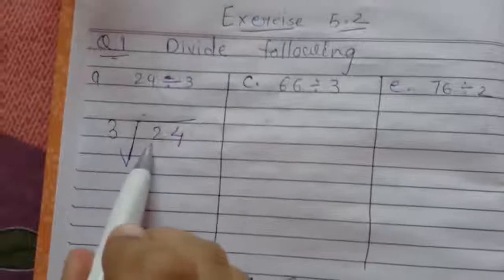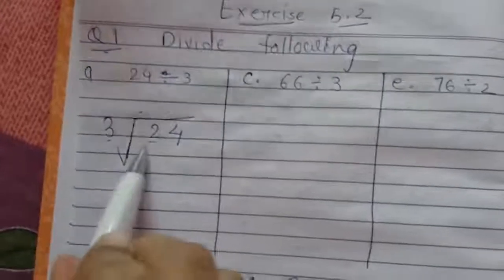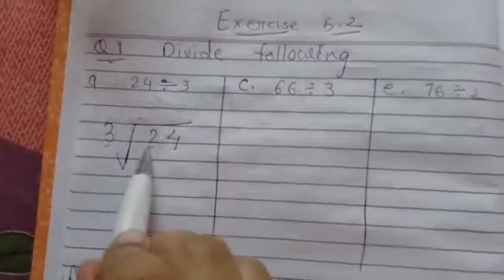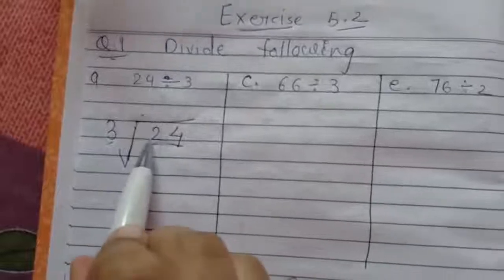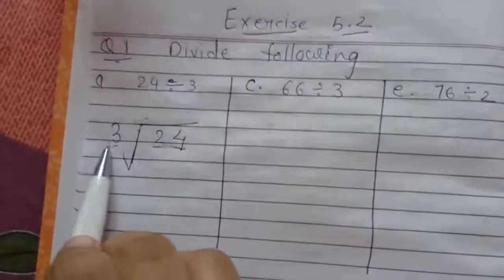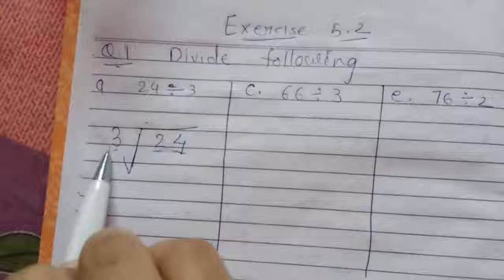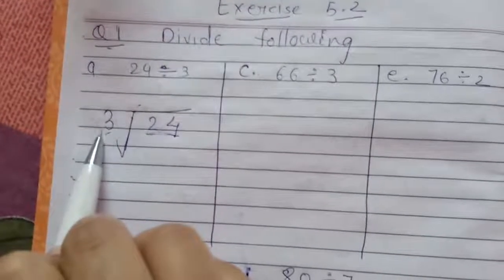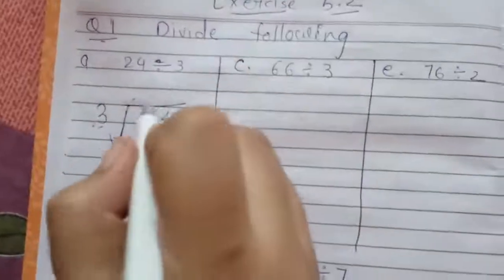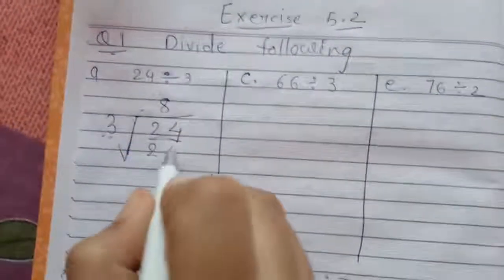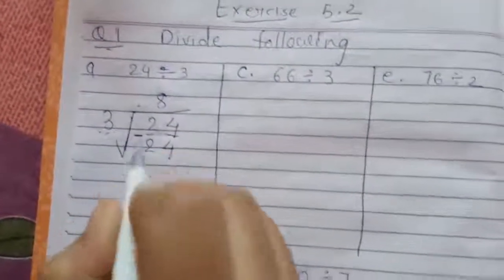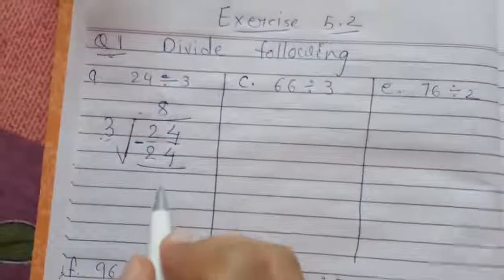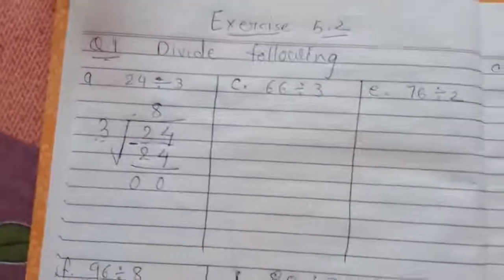So check the tens place. 2, 3. 2 is smaller than the 3, so you have to take both numbers. 24 divided by 3, so start the table of 3. 3 6s are 18, 3 7s are 21, 3 8s are 24. So 8 will be here and 24 will be here. Subtract both. 4 minus 4 0, 2 minus 2 0.